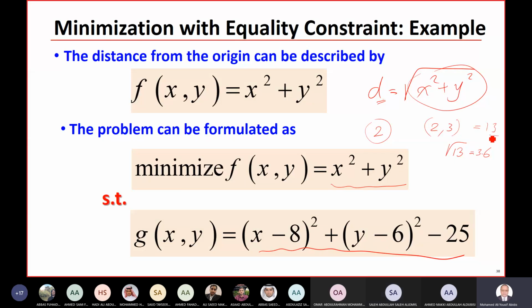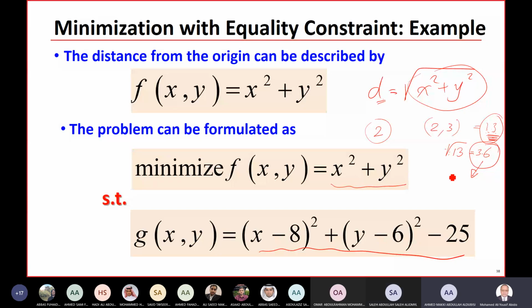Now if this value is higher than 13, definitely its square root will also be higher. If you have a value less than 13, its square root will also be less.